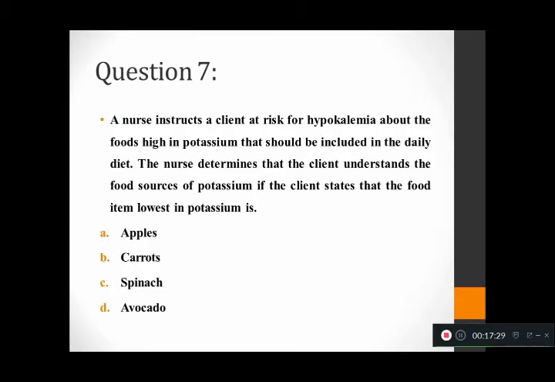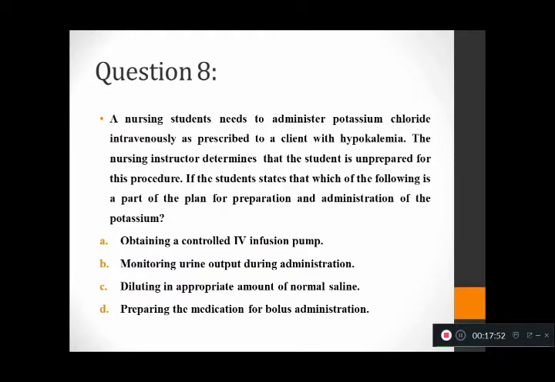So in all the four options, avocado gives the highest amount of potassium, spinach next, and third is carrots. The option which we want to choose is apple because it gives only 159 milligram of potassium. So answer apple. Question number 8.